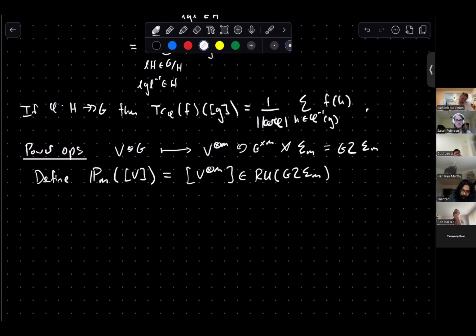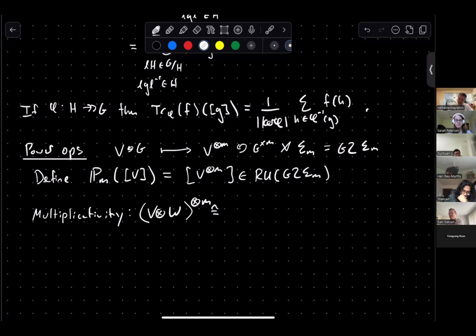But I want to note a few first properties of this thing. The first is multiplicativity. So it is the case that if I have two vector spaces or G representations, P_n of V tensor W is the same as V^(tensor n) tensor W^(tensor n).